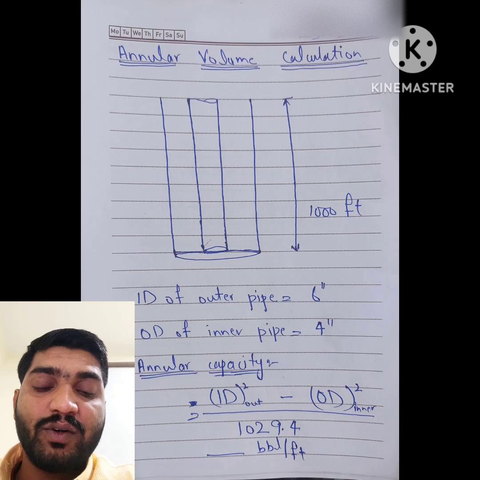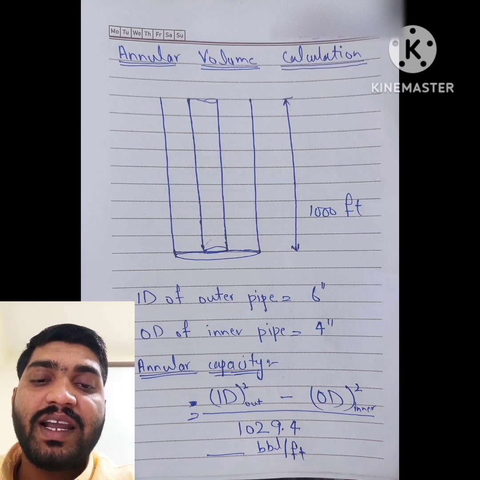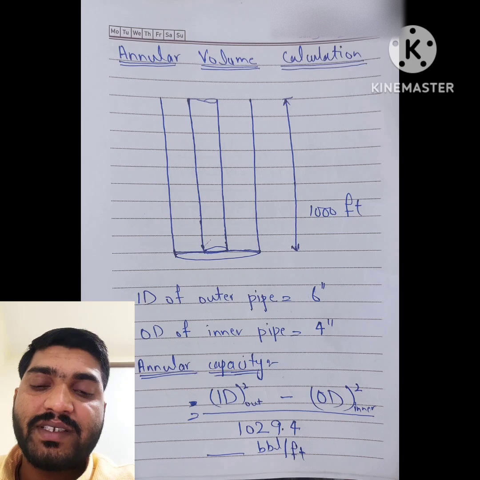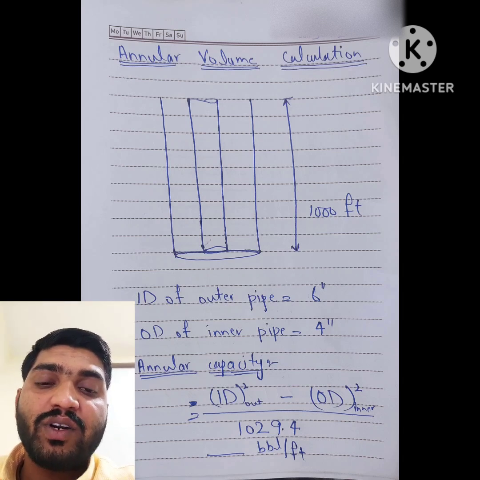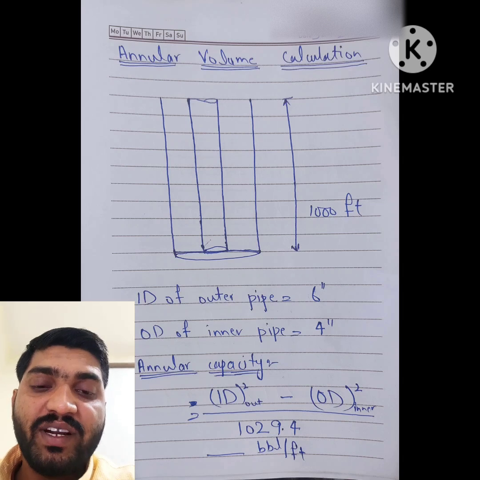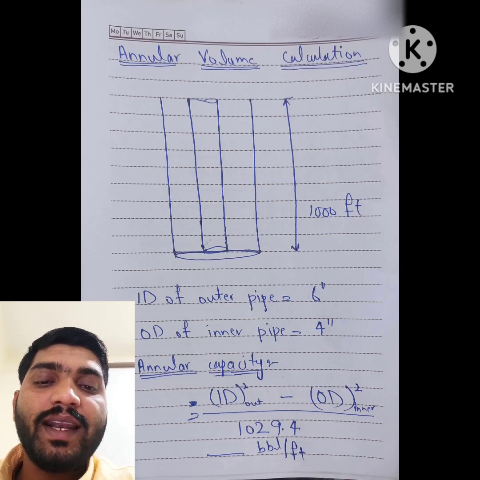That is, inside the annulus, if we take 1 foot of length, the volume that comes inside the annulus for that 1 foot length is actually called annular capacity. Once we calculate the annular capacity, that is how much volume is in 1 foot, and then multiply it with the total length, we will get annular volume.